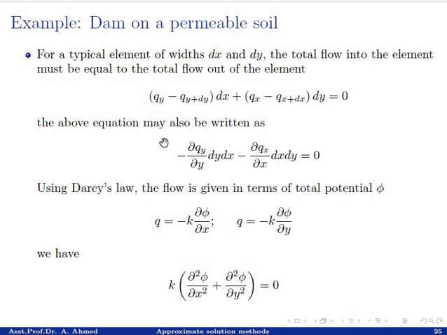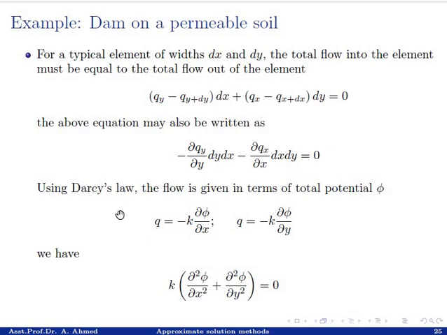And if you simplify it, you will get that the change of the flow in the y direction plus the change of the flow in the x direction must be equal to 0.